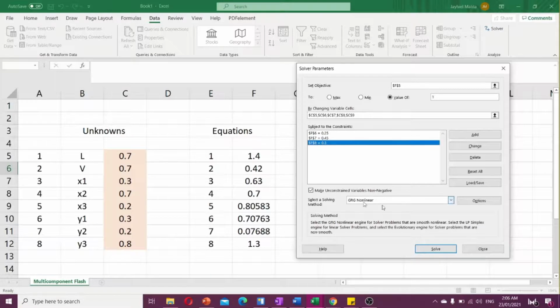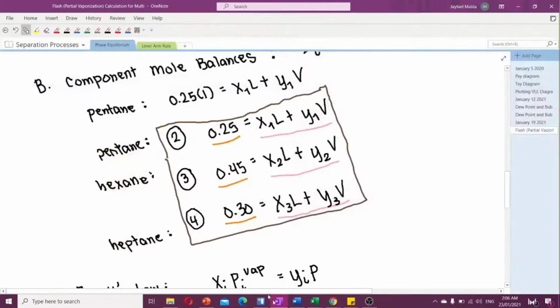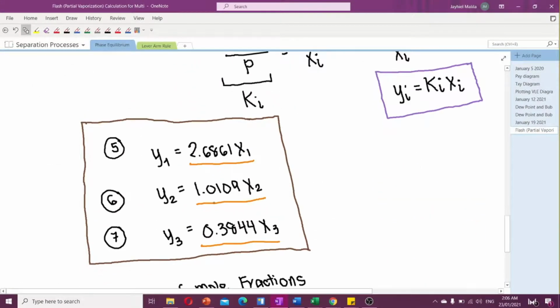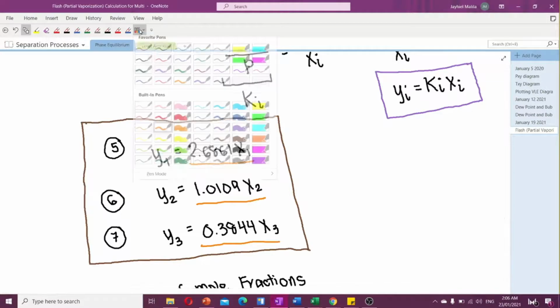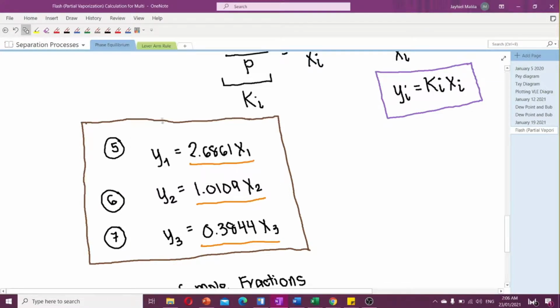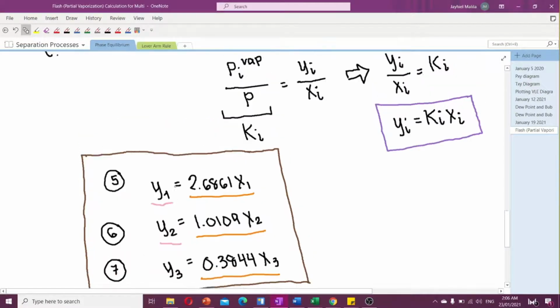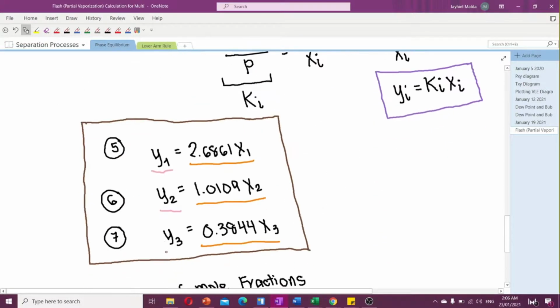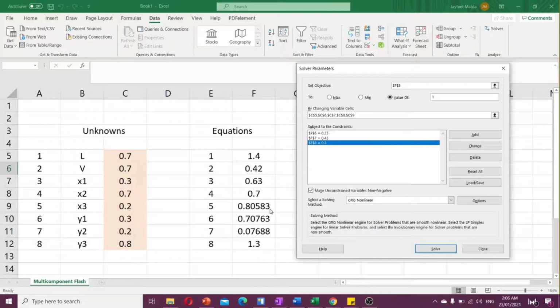For equations 5, 6, and 7, we cannot let them be the constraints, because if you look, the left side is also unknown, right? It's also unknown. This is y1, y2, and y3.